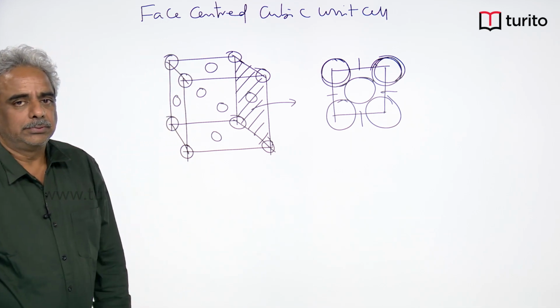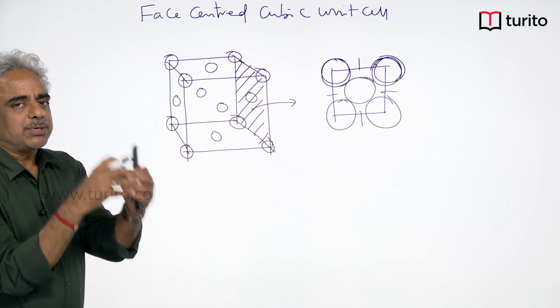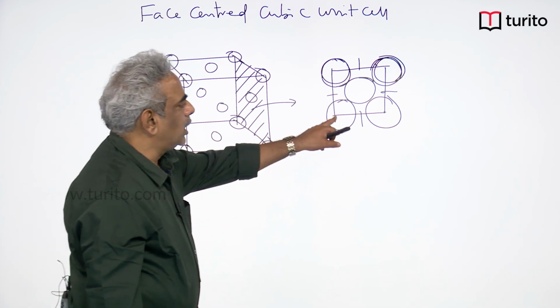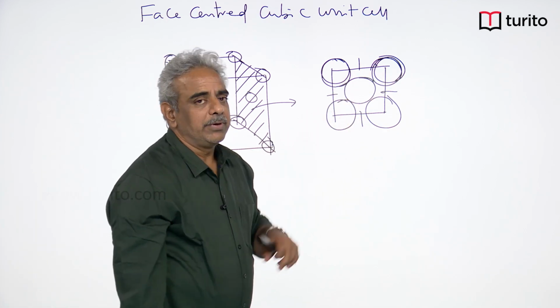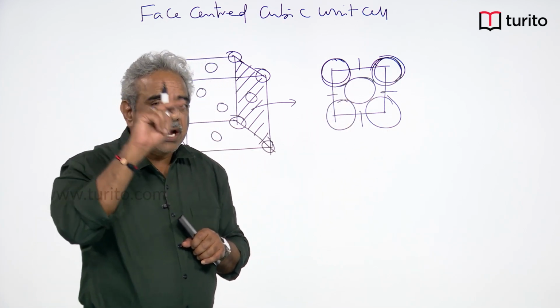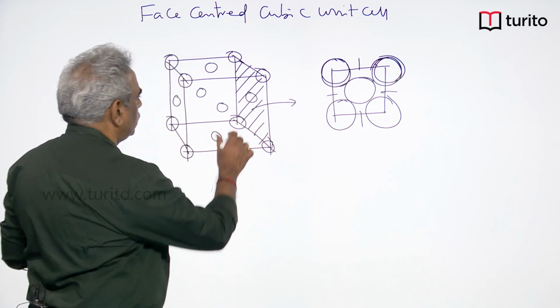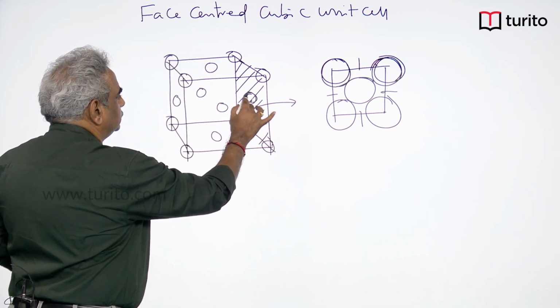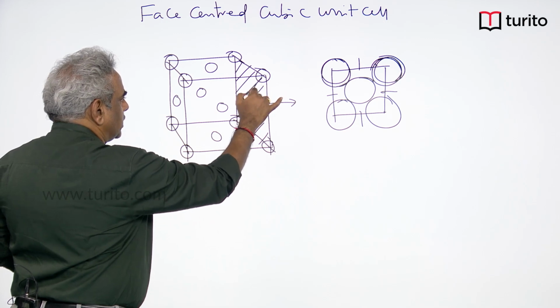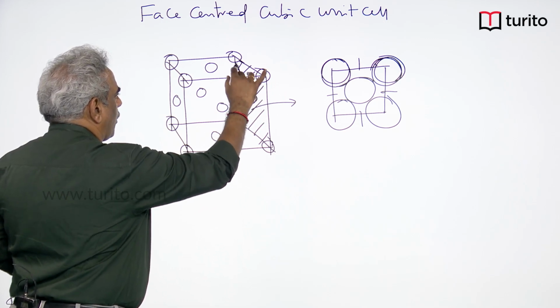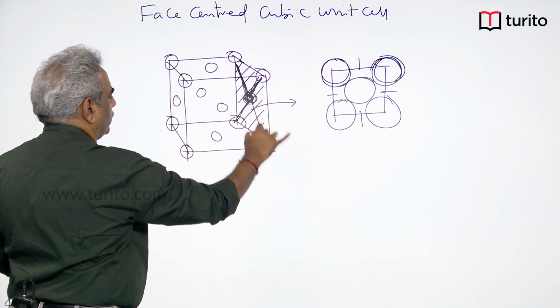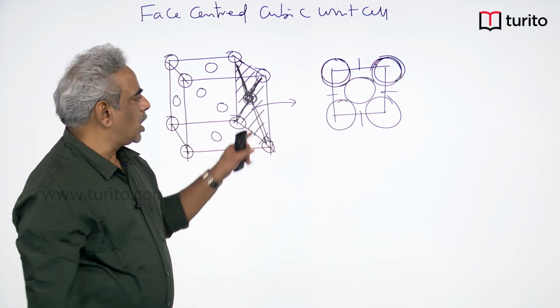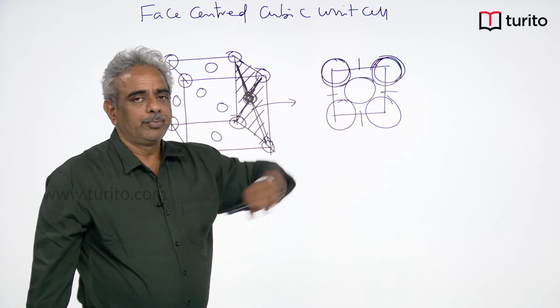But who are in attachment? All the corner atoms are in attachment with the face center atom. This atom is in contact with all the 4. They are not in mutual contact.